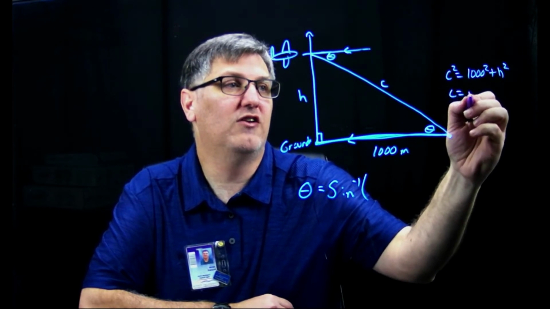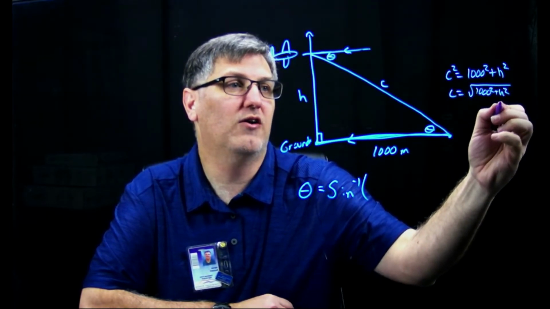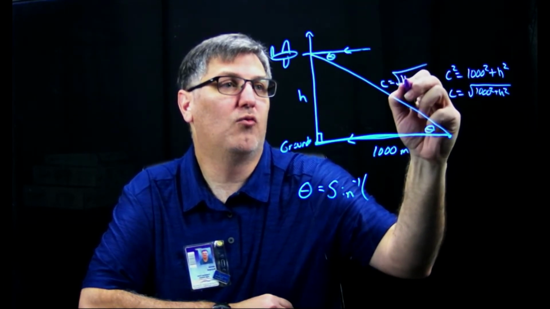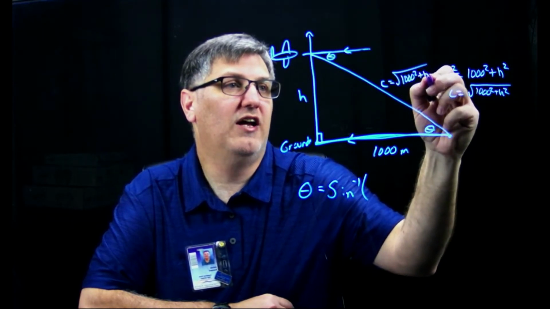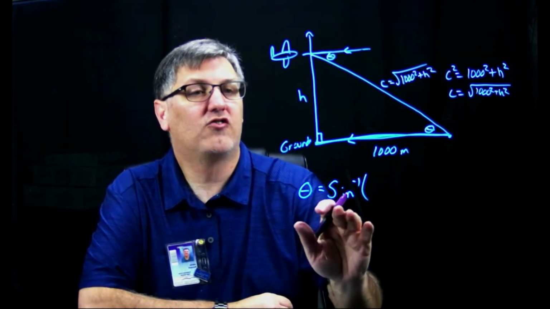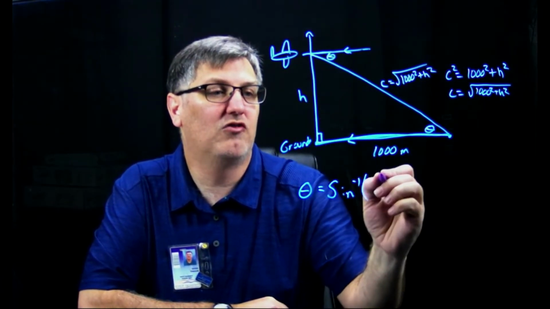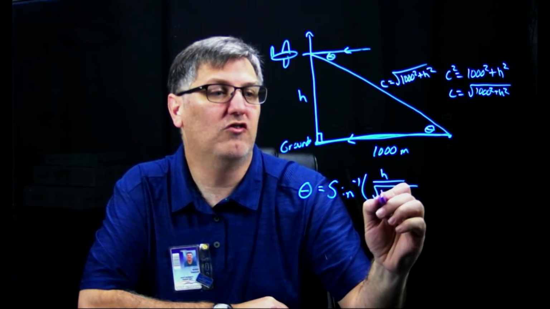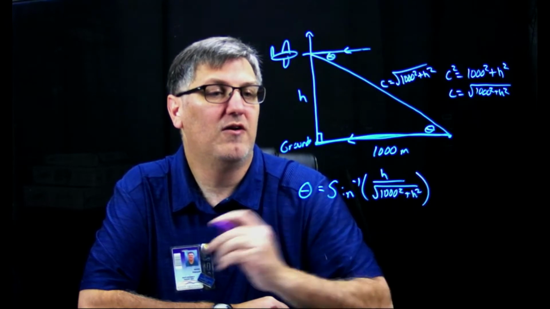Therefore, this C is the square root of 1,000 squared plus h squared. All right, so now I can write my arc sine equation. It's going to be my opposite, which is h, over my hypotenuse, which is the square root of 1,000 squared plus h squared. There's one of them.